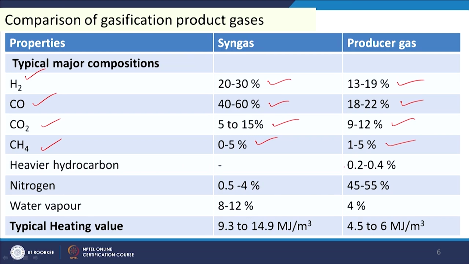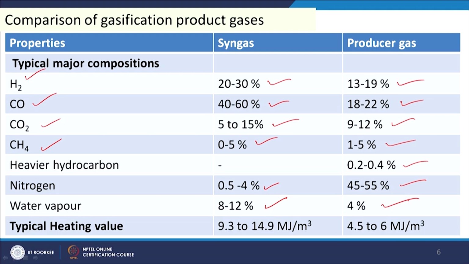Heavier hydrocarbons may be present, and nitrogen in case of syngas is 0.5 to 4% and here 45 to 55%. Water vapor is 8 to 10% for syngas and 4% for producer gas.